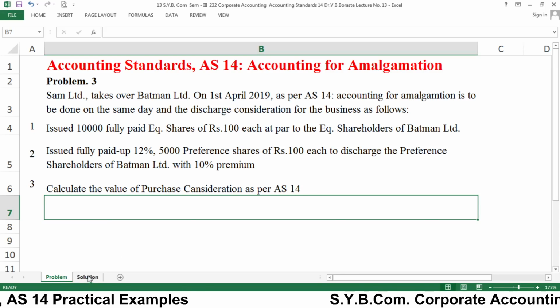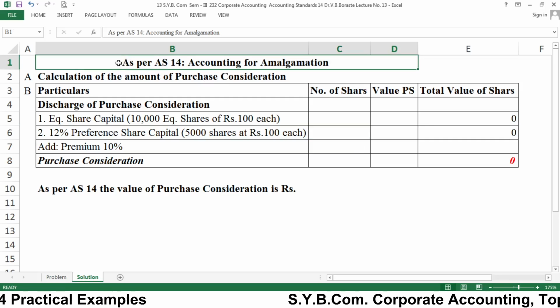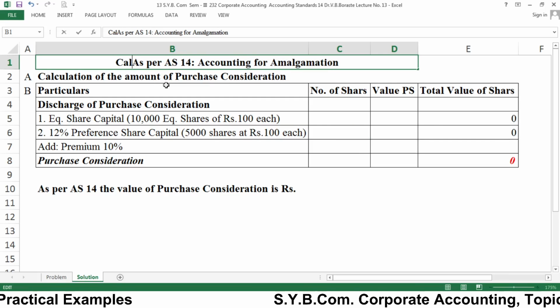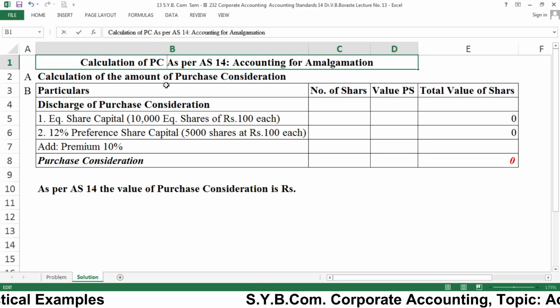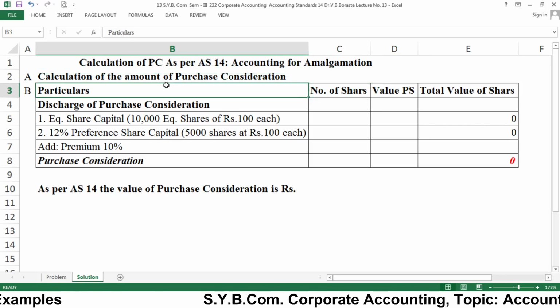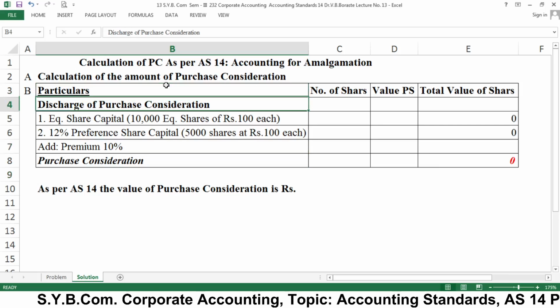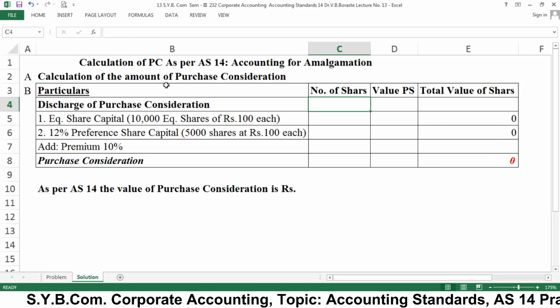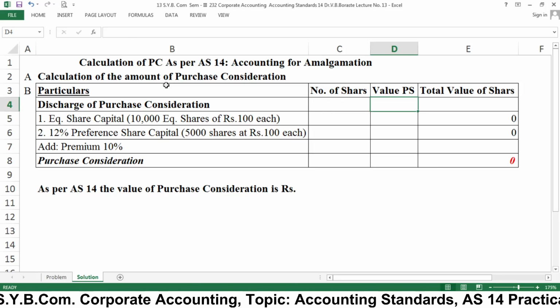So let us start the solution. Here you can see as per AS14 accounting for amalgamation, that is calculation of PC. Calculation of the amount of purchase consideration. Here the details are given. Discharge of purchase consideration, we have to calculate the number of shares, value per share, and total value of shares.